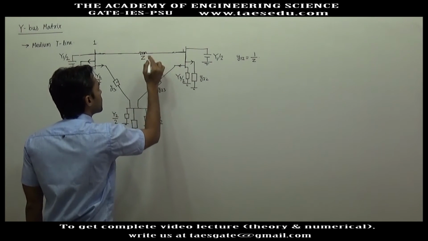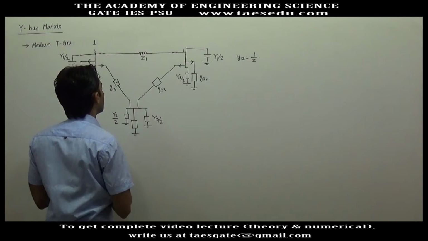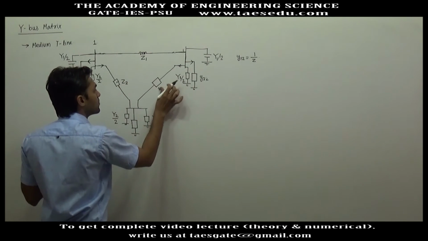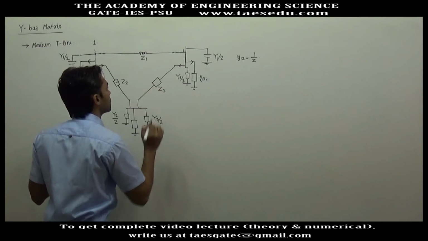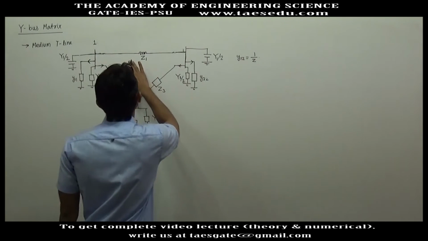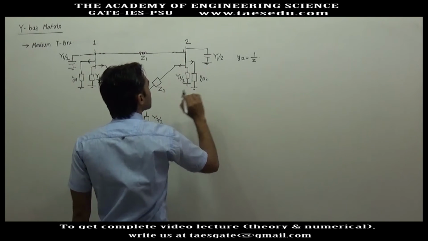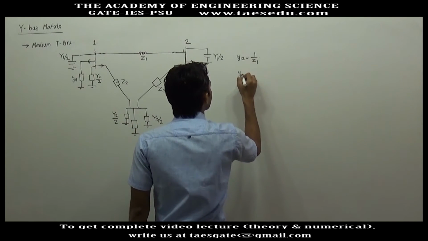And in the pi model, here you will have the impedance of transmission line 1, the impedance of transmission line 2, and the impedance of transmission line 3. So Y12 between bus 1 and bus 2 will be 1 upon Z1.